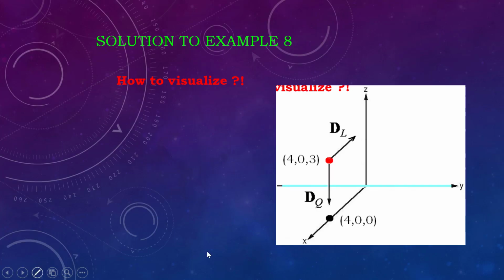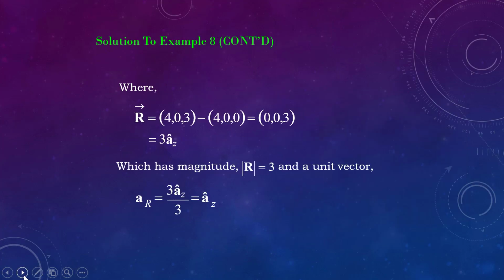See the figure. The point charge is present here and the point where we want to find intensity is 403. So 403 minus 400 is equal to 4 minus 4 ax cap plus 0 minus 0 ay cap plus 3 minus 0 az cap, that is equal to 3 az cap only, and its magnitude r is equal to square root of 3 square, that is 3.